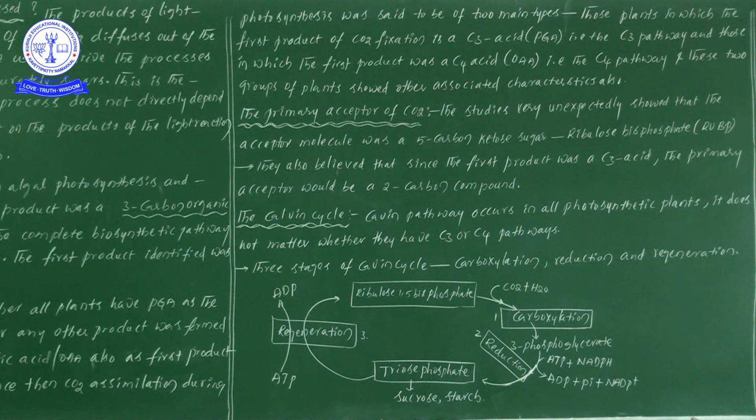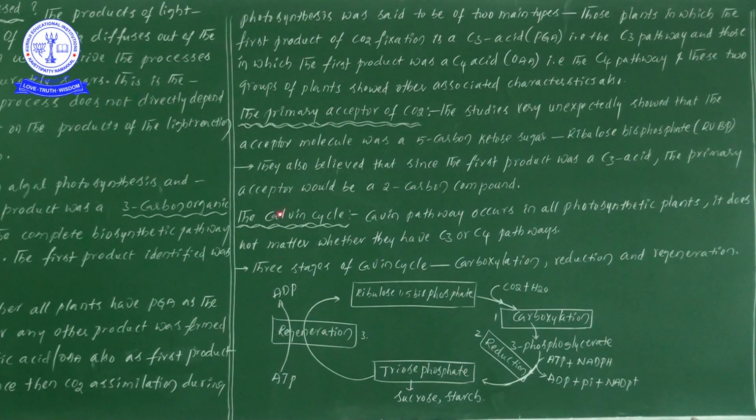Whether the plant is a C3 plant or a C4 plant, whatever the type, the Calvin cycle definitely takes place.